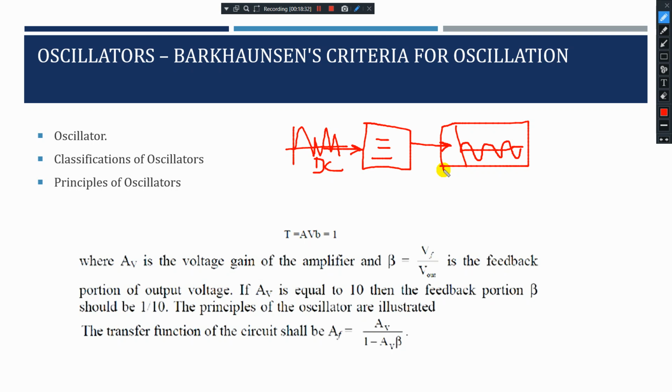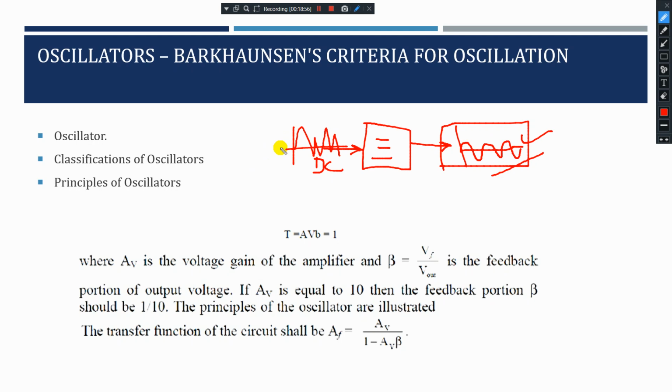The output voltage can be either sinusoidal or non-sinusoidal depending upon the type of oscillator. Here I am showing sinusoidal oscillations, but it is not said that it is always sinusoidal. It can be non-sinusoidal depending upon the type of oscillator we are going to use.